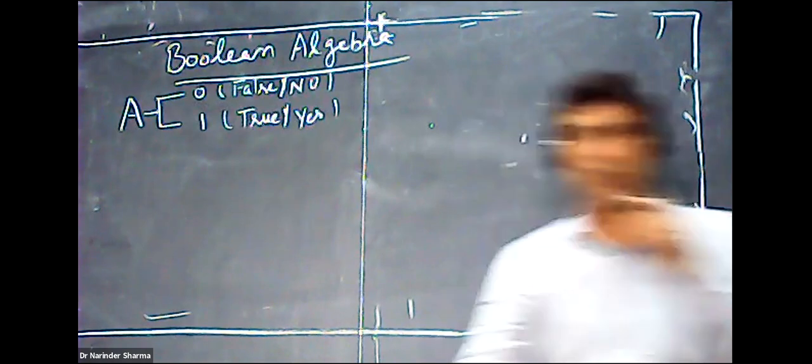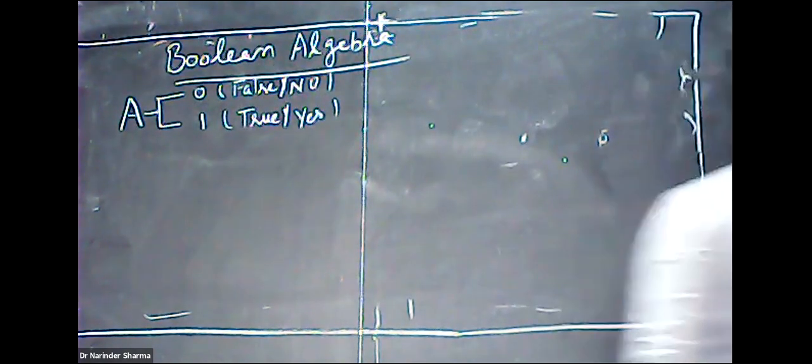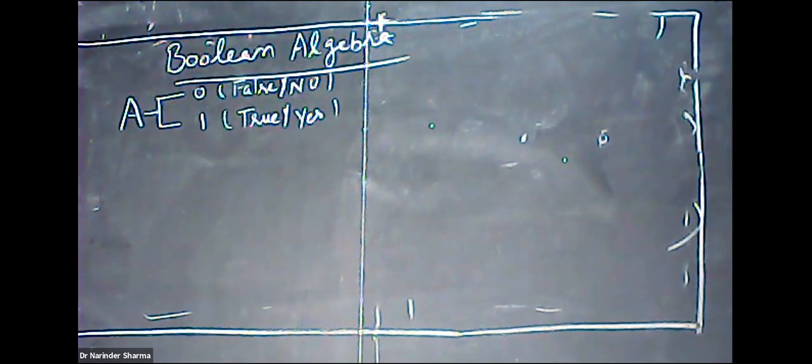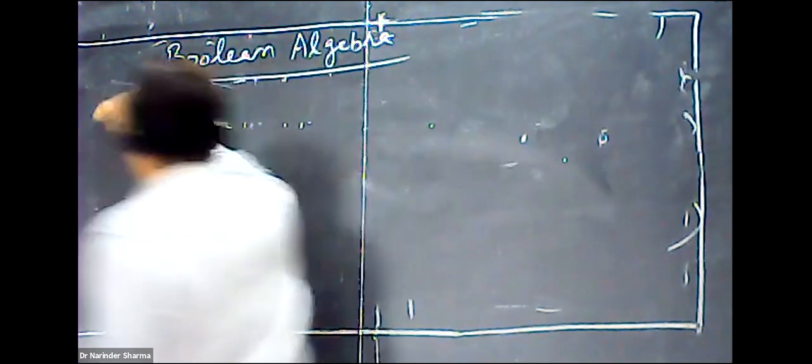A may have value 0 or 1. So you will learn about its properties. First property: there is a Boolean variable A.